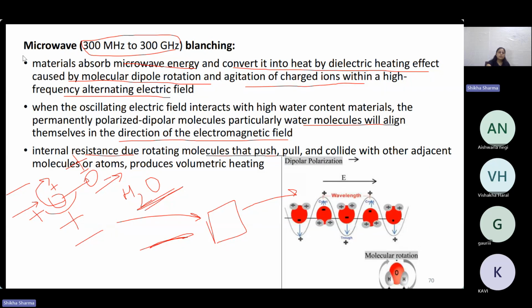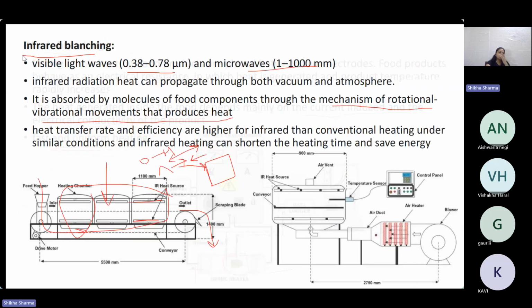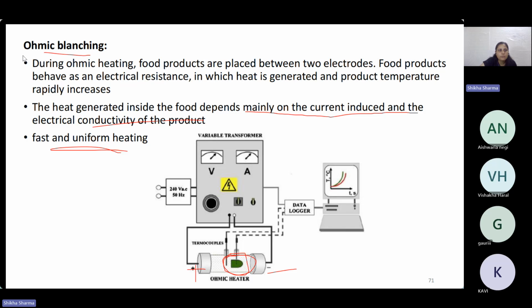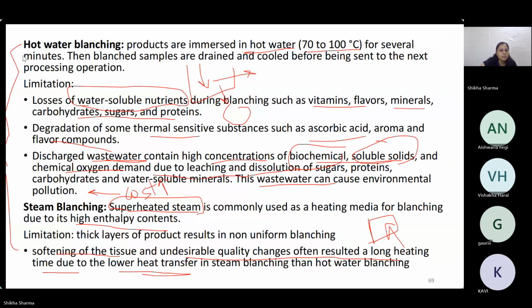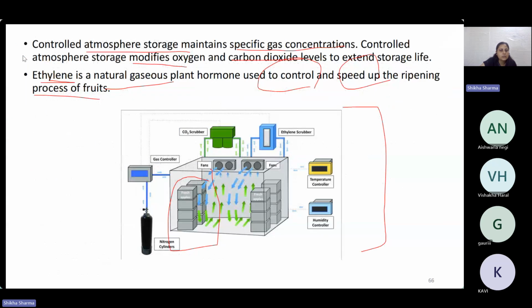So the nutritional quality is very good. Also these methods are very fast compared to the conventional methods, and there is more uniform heating inside the food product in methods like infrared, ohmic heating and microwave. So these novel methodologies are very good.